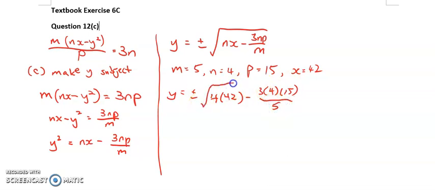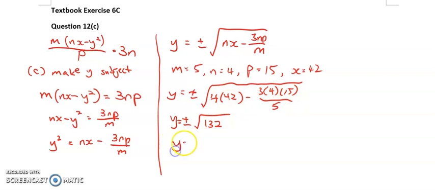Okay, and I square root the whole substitution here. So with your calculator, you should be able to get y equals to plus minus of square root 132. Okay, underneath this square root sign.